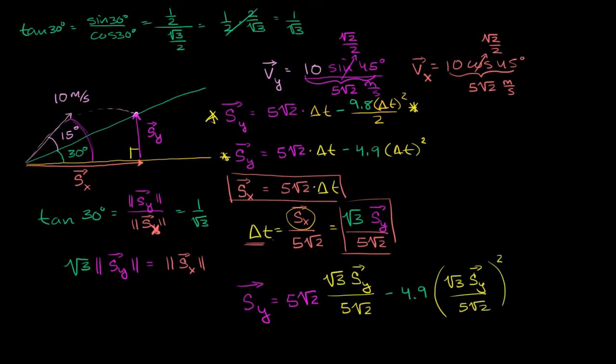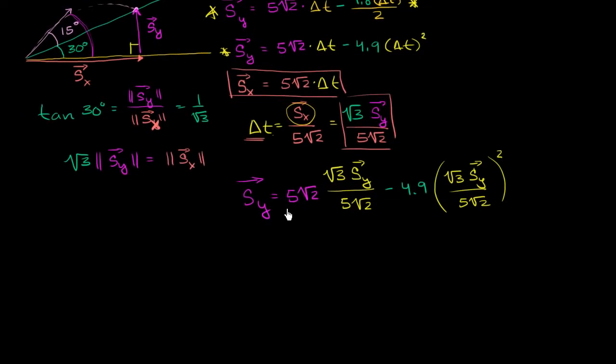And now what does this give us? So now we literally have a quadratic equation with only one variable, so we can solve for this. But let me rewrite it and simplify it. We have our vertical component is equal to, now we have a 5 square roots of 2 in the numerator and 5 square roots of 2 in the denominator. They cancel out. So we get the square root of 3 times the magnitude of our vertical component.